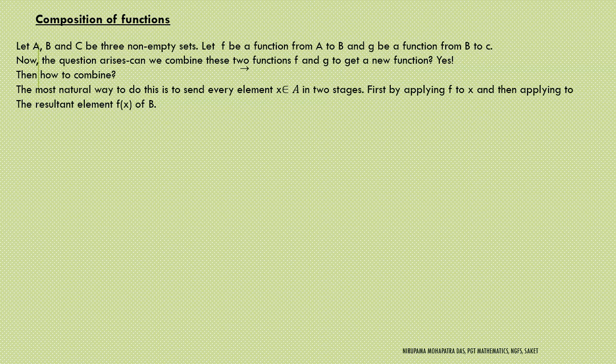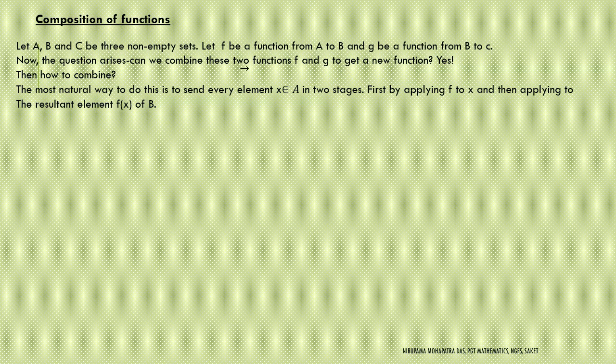So whenever we apply f to x, we are applying a rule to x. For example, we have taken f(x) = 3x + 1. Whenever we put x as input, we get output 3x + 1. Similarly, we can apply whatever rule is defined here.